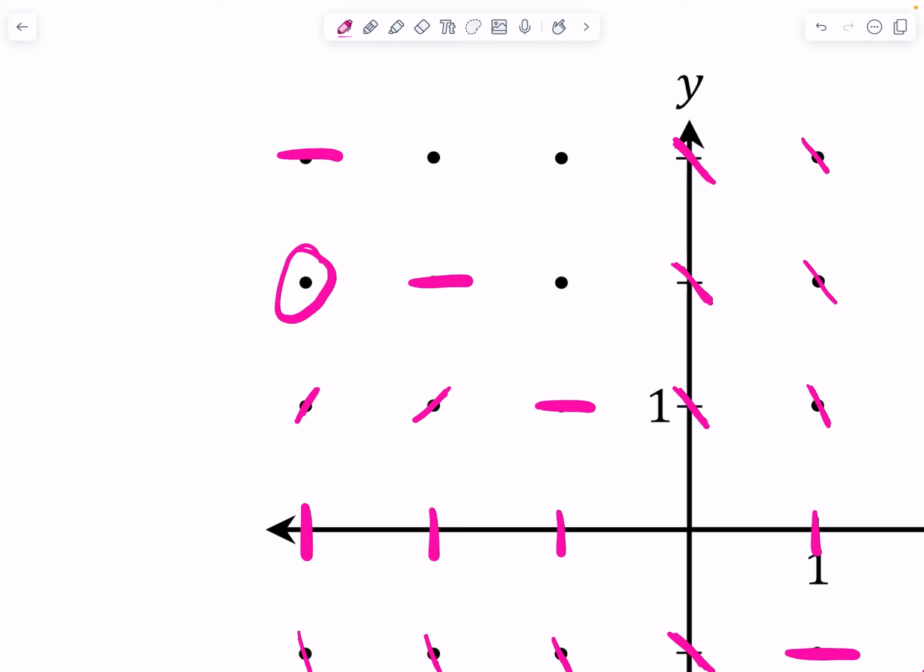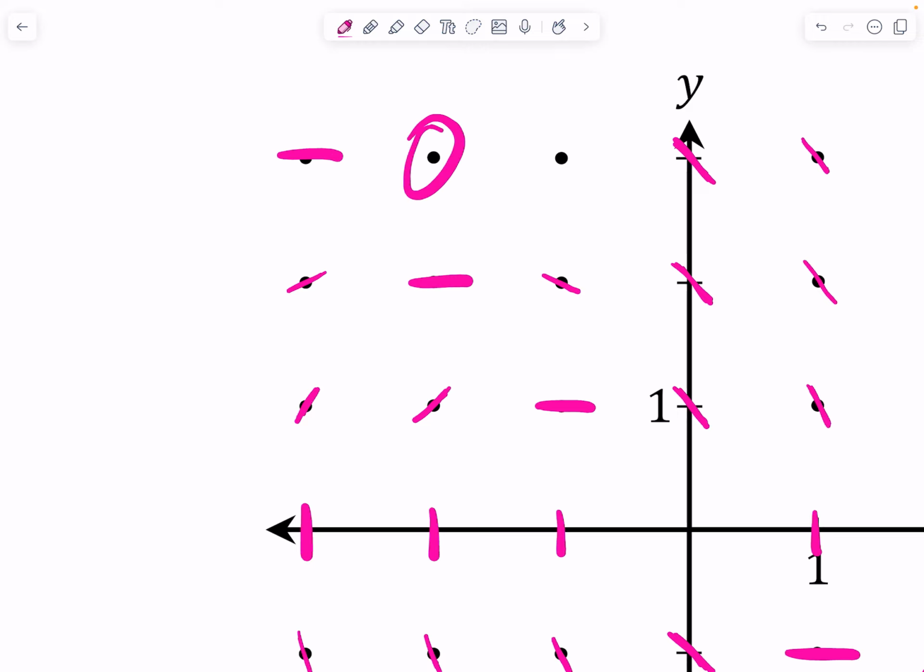Divided by 2 is negative 1/2 times negative 1 is positive 1/2. So connecting to that one is what I'm going to do. Over here, negative 1 plus 2 is 1. Divided by 2 is 1/2 times negative 1. Negative 1/2, I'm going to connect it towards that one. I'm not actually connecting it, just drawing my short little segments.